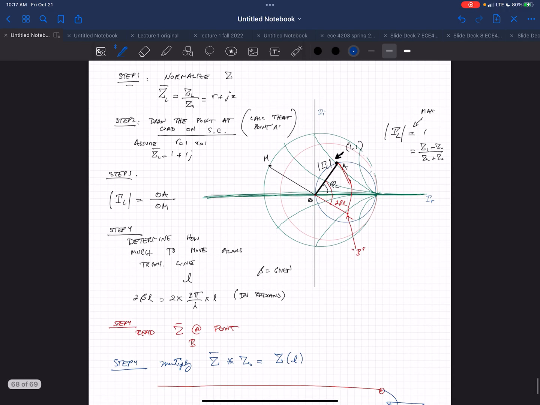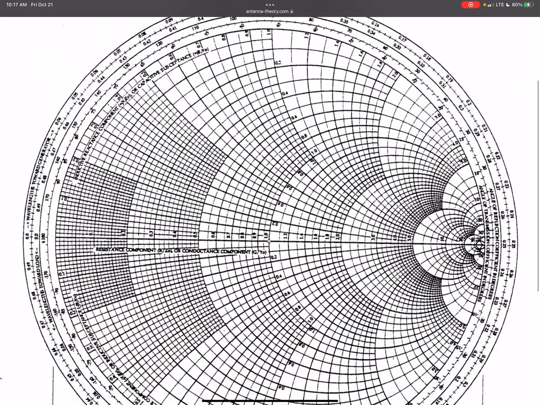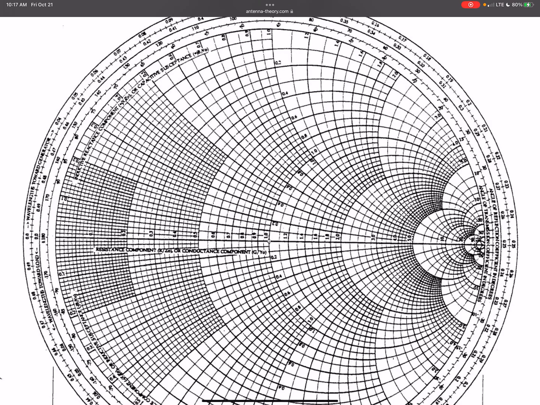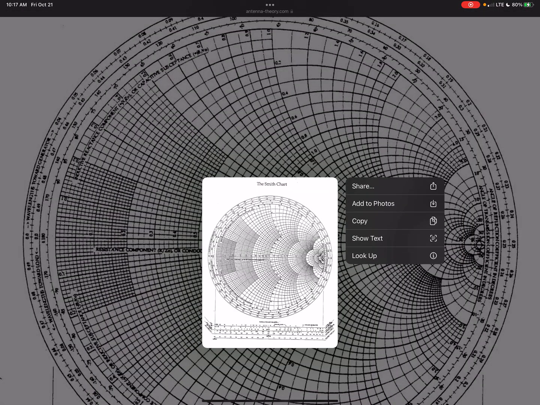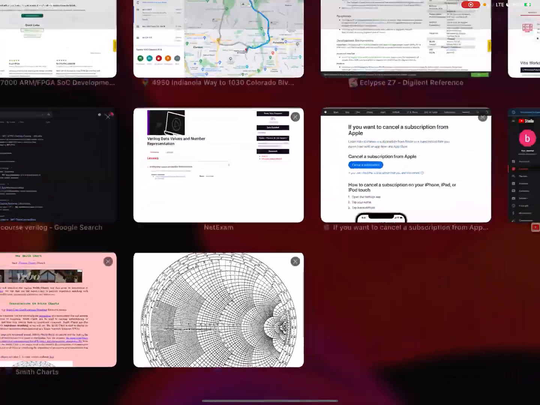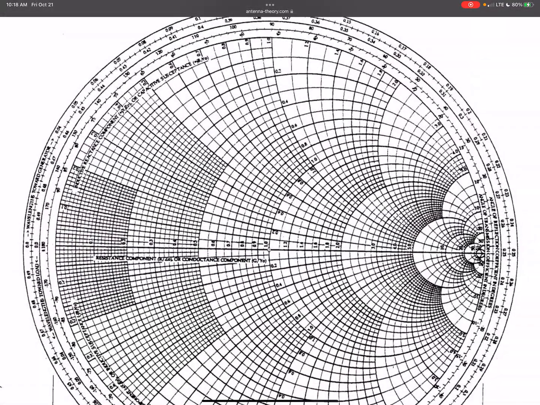Okay, so along these lines, to help you with drawing this, there should be a, let me try doing this. Let's see if I can just dump this into my, no. Just copy it.